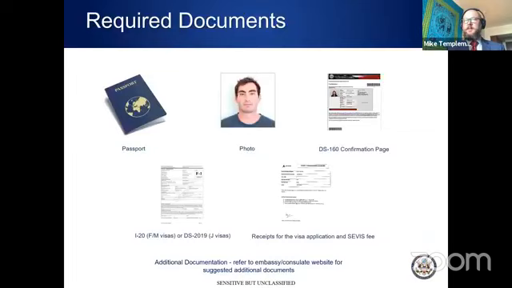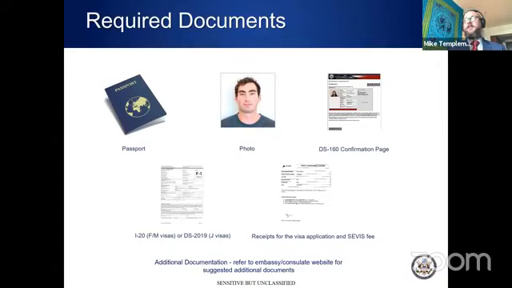Next slide, please. All right, so these are just the required documents for your interview. You could also bring additional documents, and we can talk about those as well. But you will need a passport. You will need a photo, and you will need a passport photo. It's very particular, the type of photo, and the instructions are on our consulate website for the requirements of the photo.